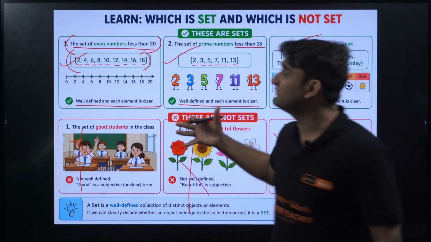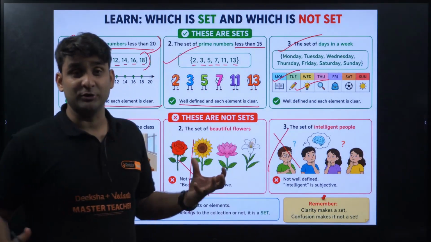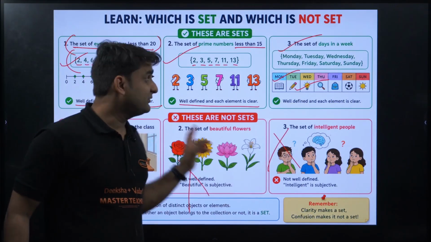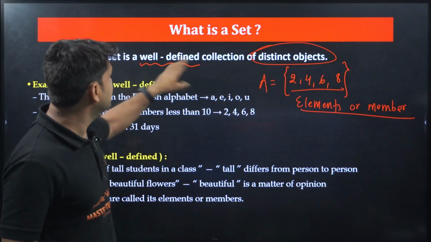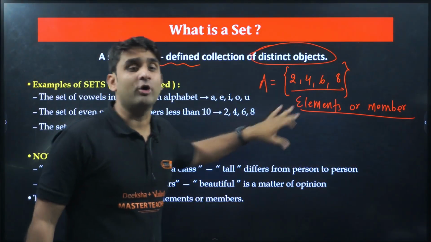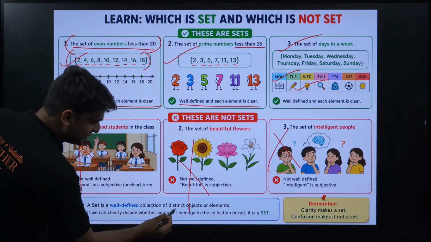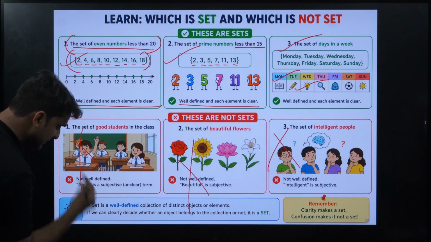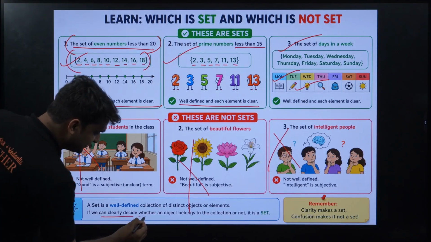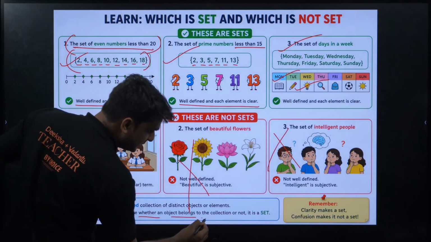So what is a set? A set is a well-defined collection. The definition of a set is a well-defined collection of distinct objects. Okay, moving ahead. A set is a well-defined collection of distinct objects or elements if we can clearly decide whether an object belongs to the collection or not.